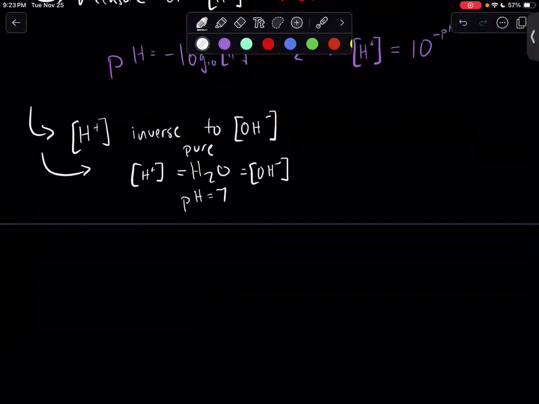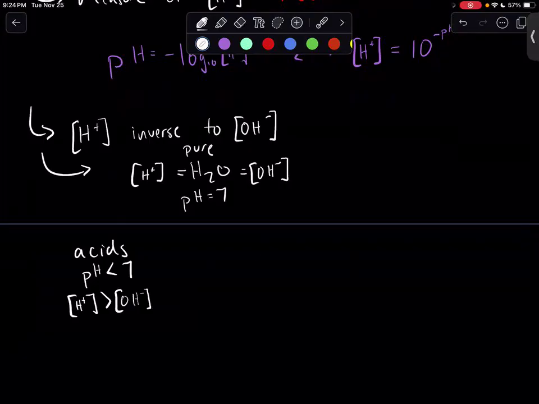And as we look at it in that light, when we think about acids, what we want to think about is a pH less than 7. And we want to think about a concentration of H plus greater than a concentration of OH minus.